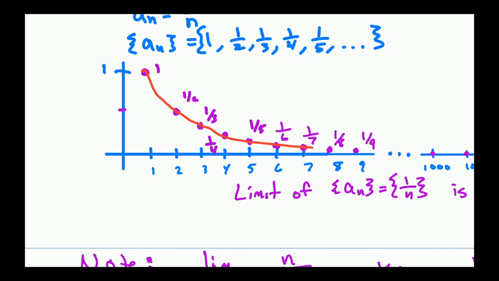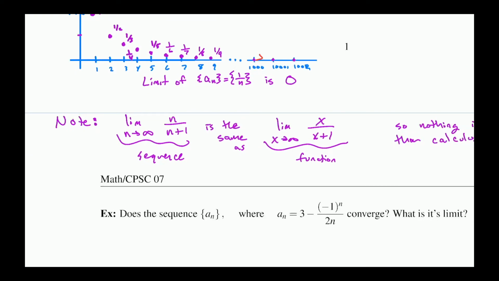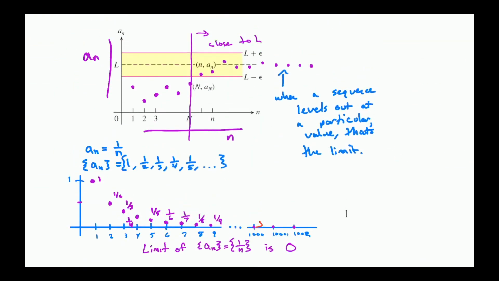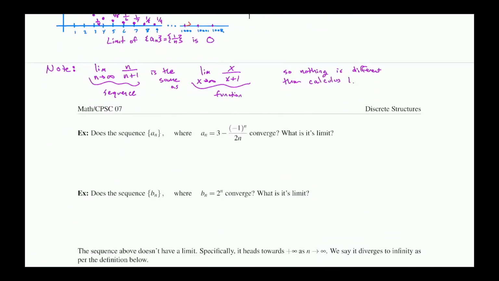Like if I drew a curve like this and I said, well, what's the limit as you head out towards infinity? You'd say, oh, well, that's 0. Well, we're doing the same thing, but without the curve, where it's just the individual dots on the graph. Okay, so that is the idea of the limit of a sequence.